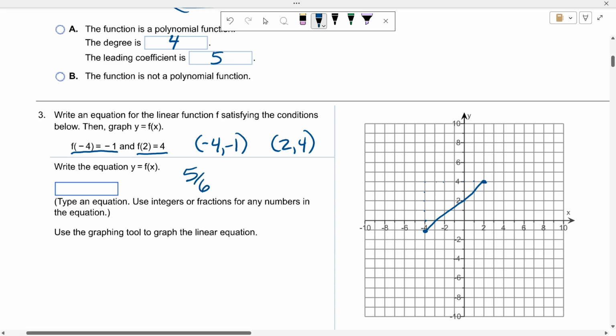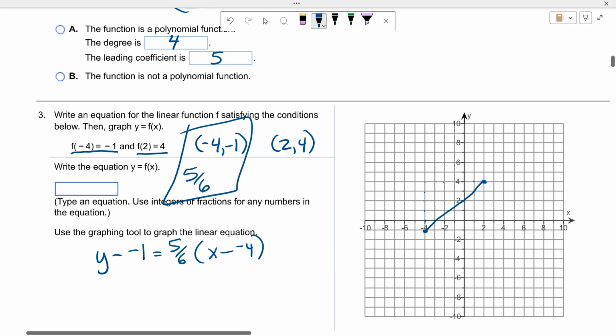Now it looks like we crossed right at 2, but to be sure, we're going to put it in point-slope form and solve. So y minus the y value, -1, equals 5/6 times x minus the x value, -4.